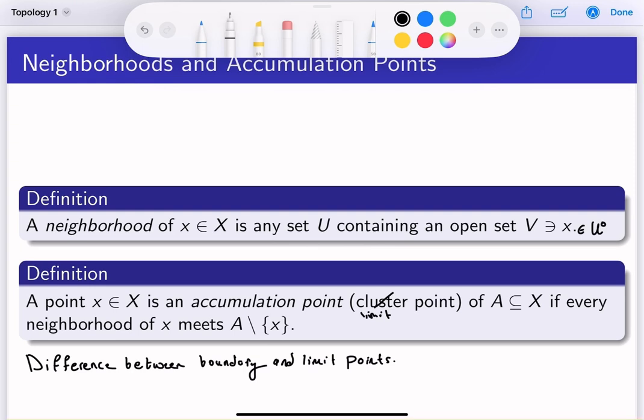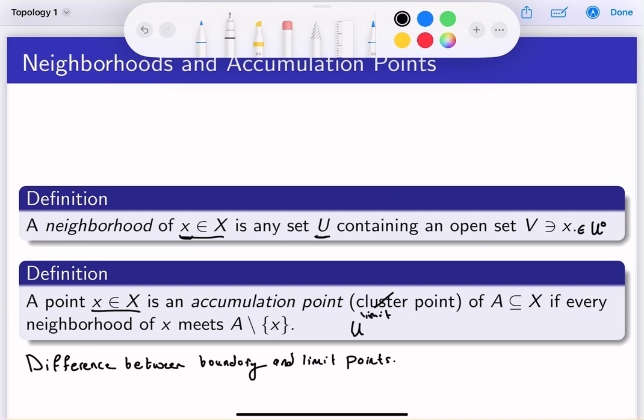So an element x of X is said to be a limit point if and only if I take any neighborhood. Oh, I should probably tell you what a neighborhood is first. A neighborhood of x is just a set that contains x in its interior.